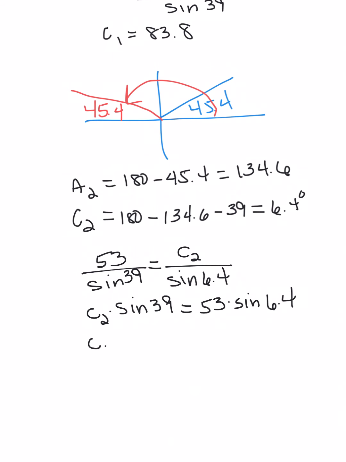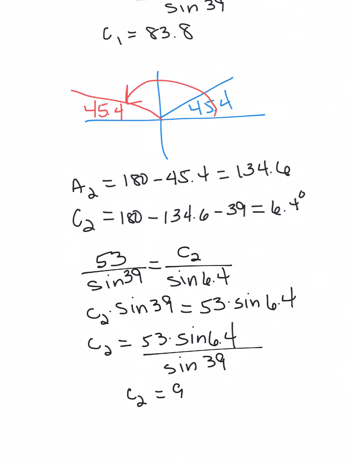Divide, you get C2 equals 53 times the sine of 6.4 divided by the sine of 39. So side C2 must be 9.4.